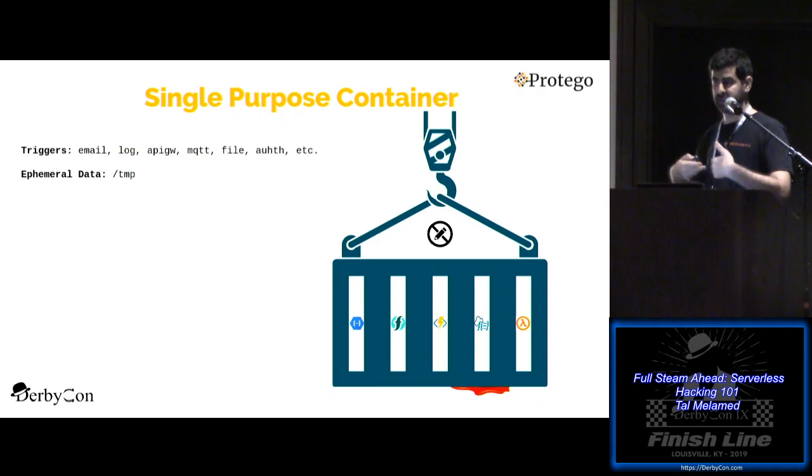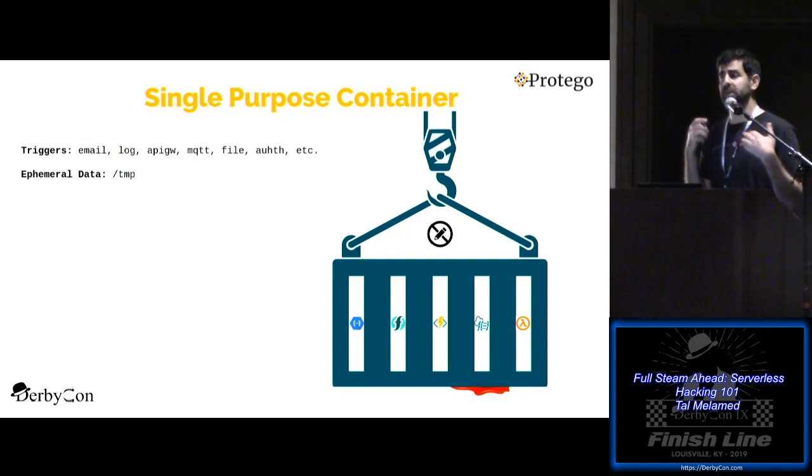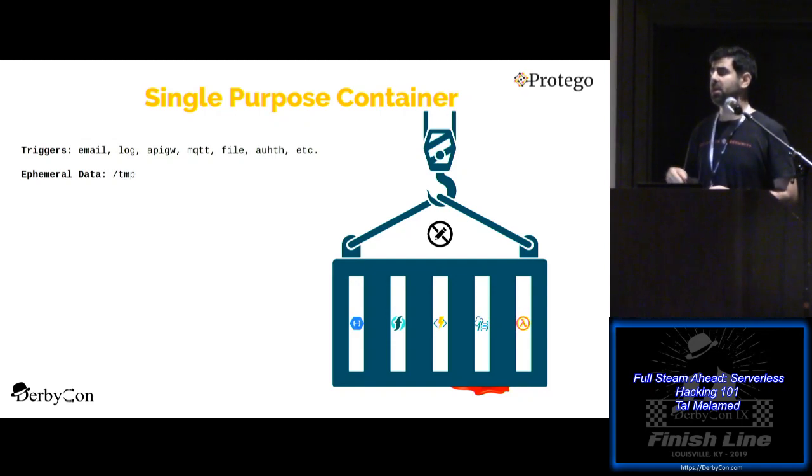So I said the environment is read-only. All the data that you actually want to write, which is not permanent, you write into /tmp, and when the code finishes, the container dies, and with it all this data, so it's temporary data. Of course, this is not entirely true because to keep performance up, the providers will keep your containers as long as requests are coming.